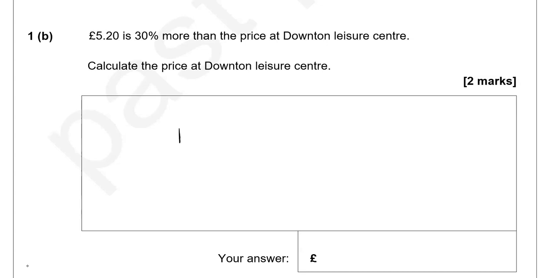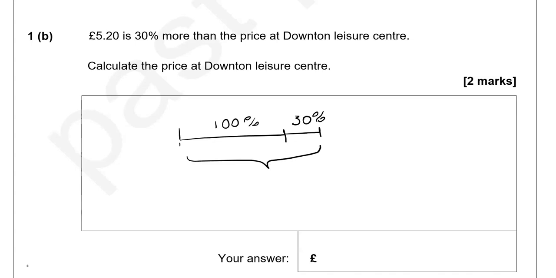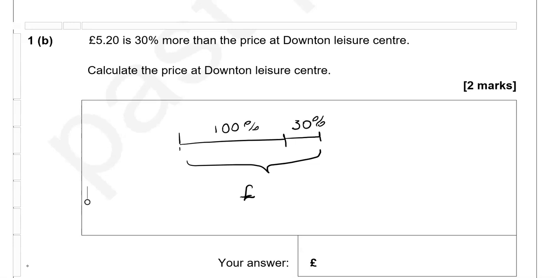So, if the price at Downton Leisure Centre is represented here by 100% before the increase, now £5.20 would be 30% more. So 130%. Which is also 520 pence.